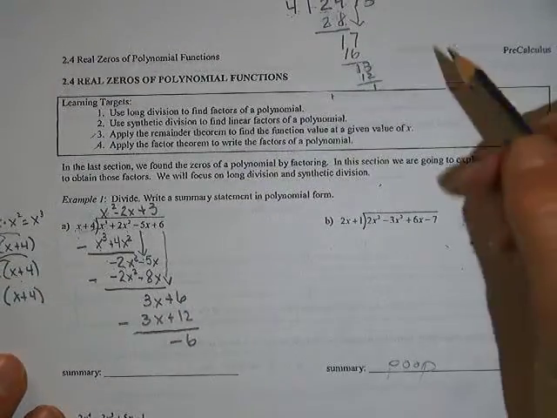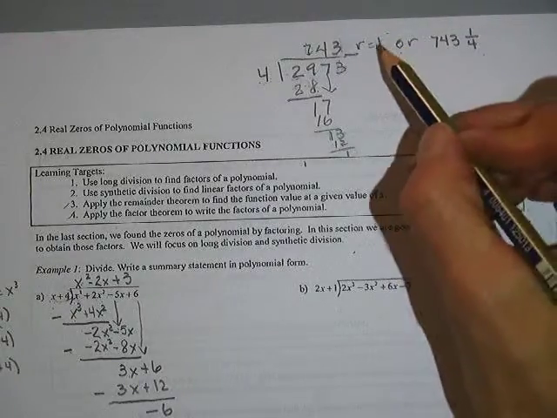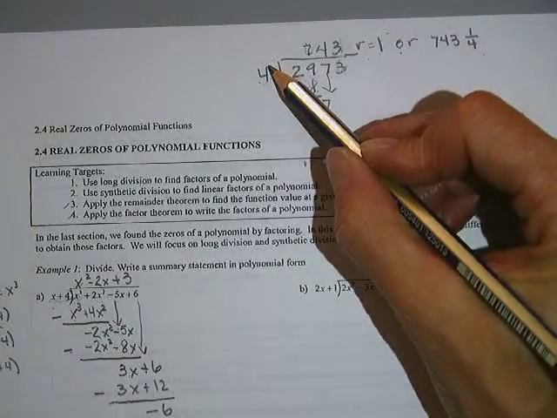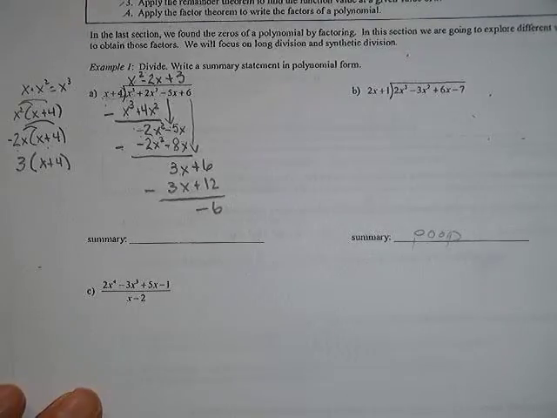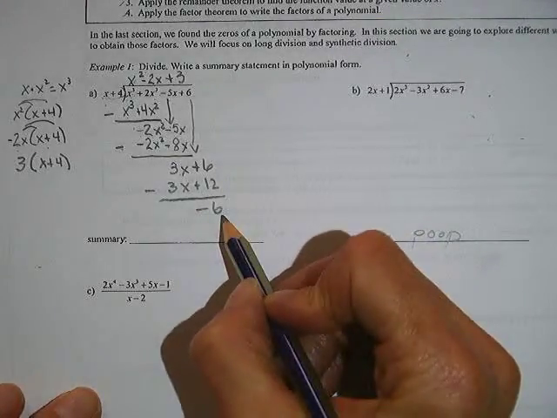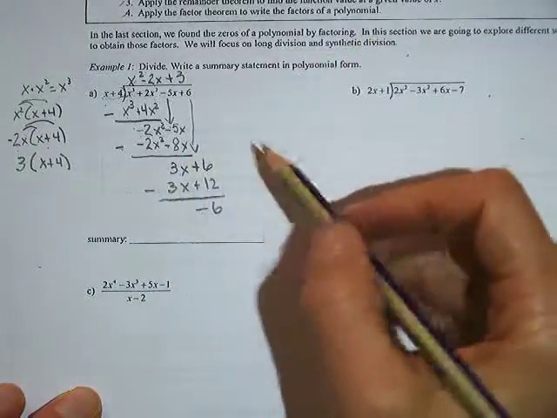Negative 6. Now, remember how you could write it as a remainder, or you write it as this over what you began with? Sometimes they want you just to say it has a remainder of negative 6.